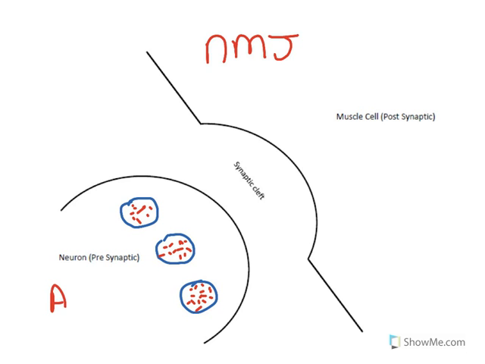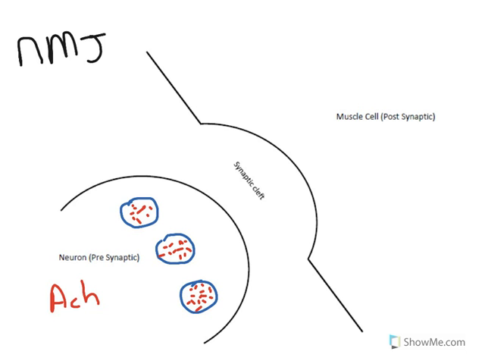I'm going to call it ACh. Acetylcholine is the red material here in the neuromuscular junction. Now let me erase our NMJ. Let me just write it up here for you guys, NMJ. On the postsynaptic cell, we have an area, and I'm going to use red again to highlight this.